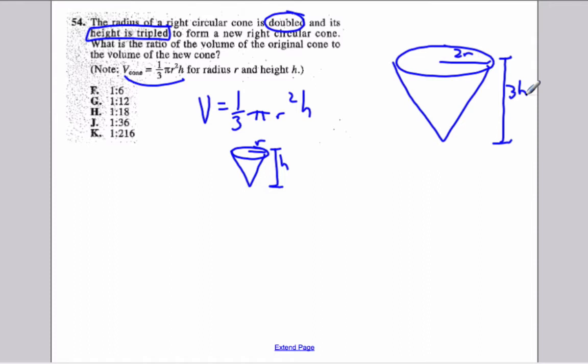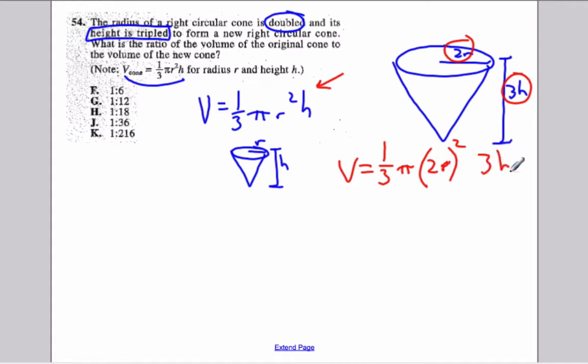Let's take those two pieces of information and plug it into the same equation that they gave us before, which is this one. Volume is equal to 1/3 times pi times the radius squared, but in this case our radius is 2r squared, times the height, but in this case our height is 3h, not just h.